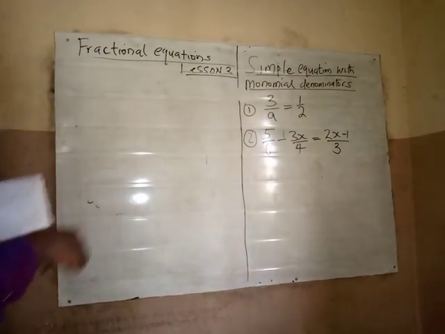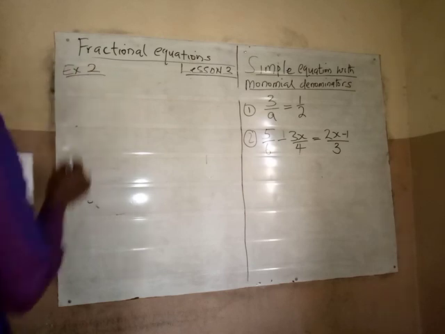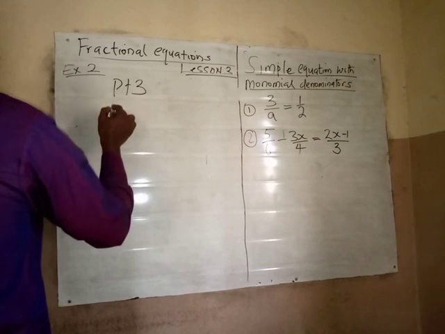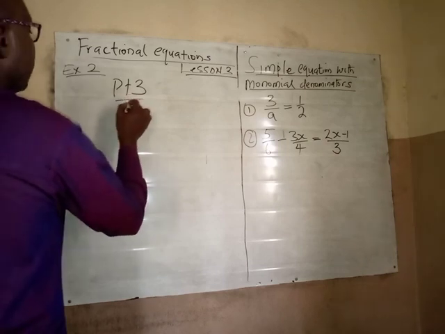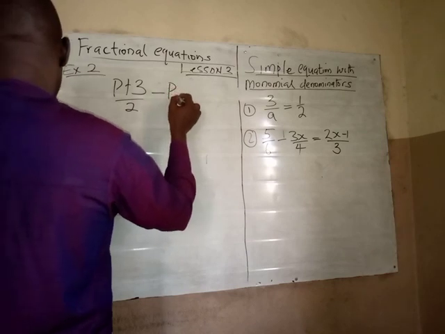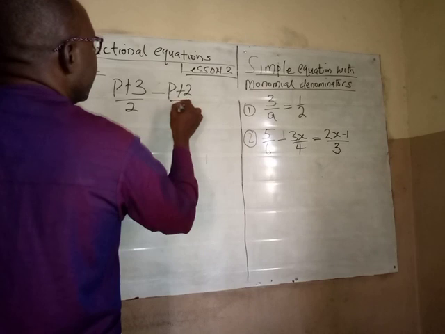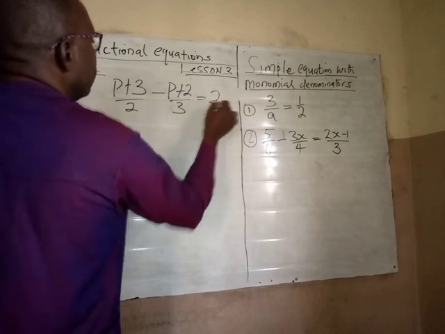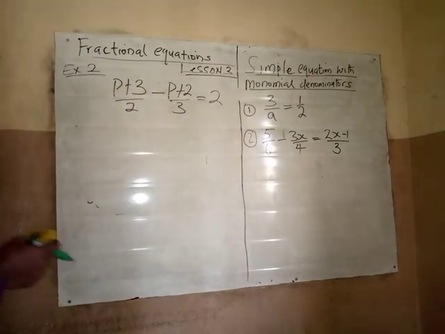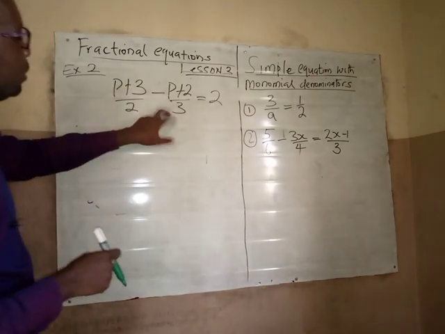Example 2. We have p plus 3 over 2 minus p plus 2 over 3 equals 2. You discover that the denominators here are 2 and 3.